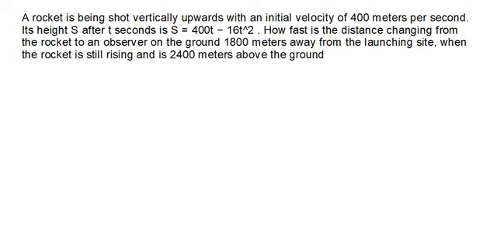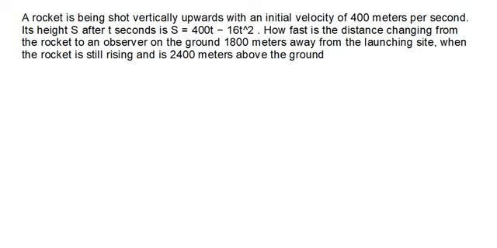Okay, so the question that we have is saying a rocket is being shot vertically upwards with an initial velocity of 400 meters per second. Its height s after t seconds is indicated as 400t minus 16t squared.